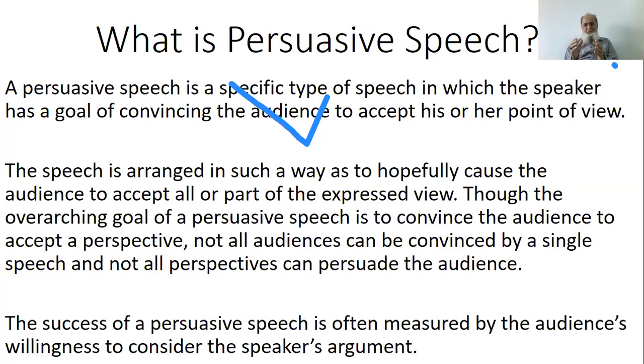Every speaker who goes to persuade the audience has only one agenda, or main aim or goal: to convince the audience.